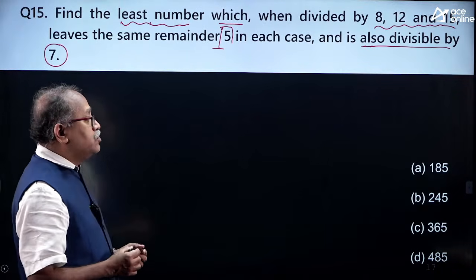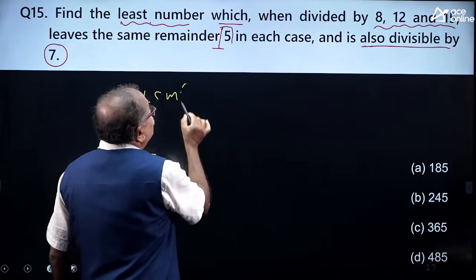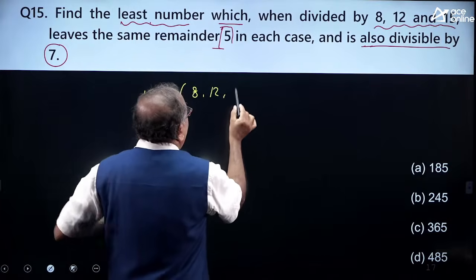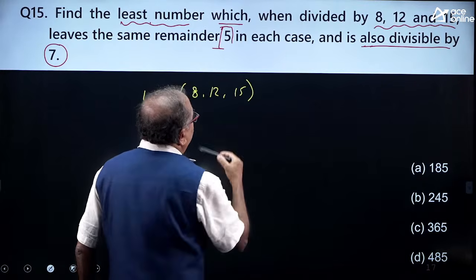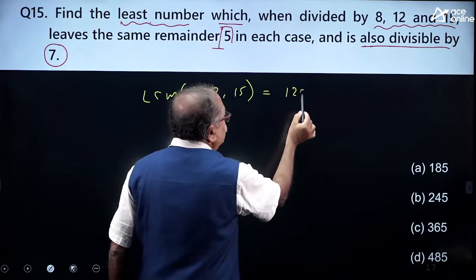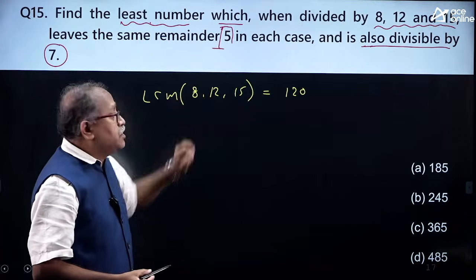how do we do this one? First, I will take the LCM of 8, 12, 15, and I know the LCM is 120. I need the remainder 5 in each case.